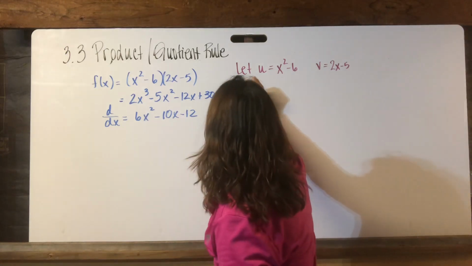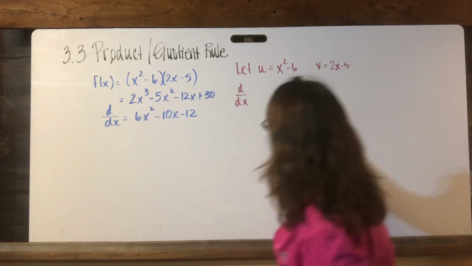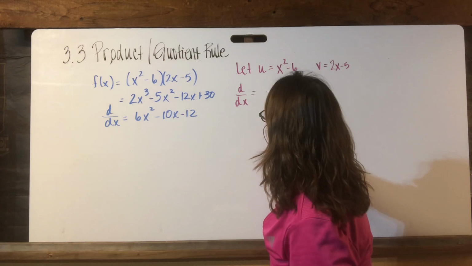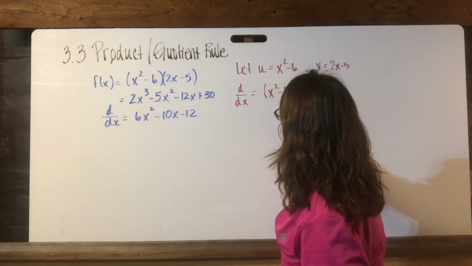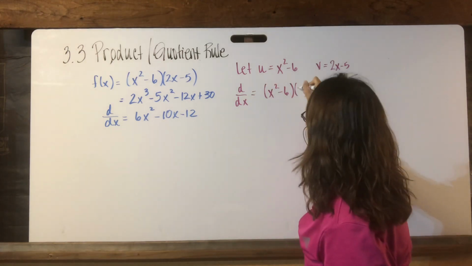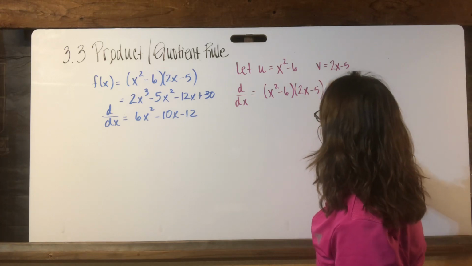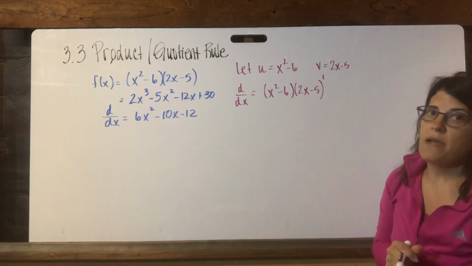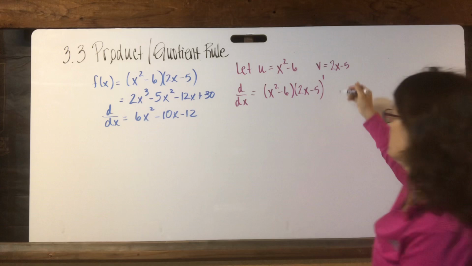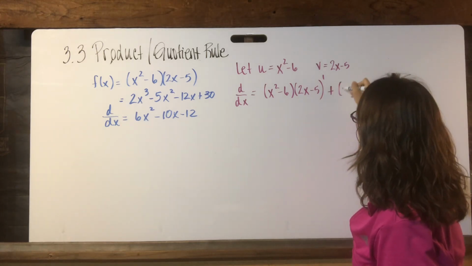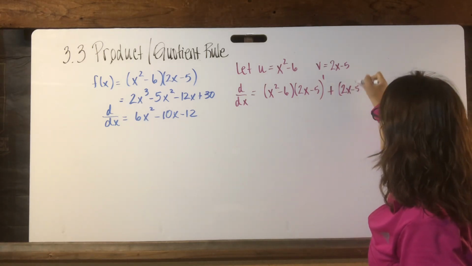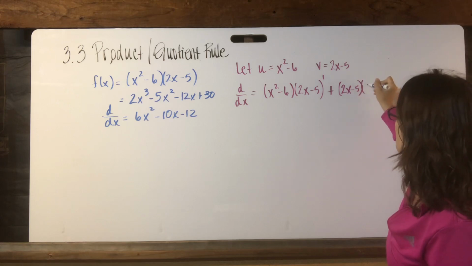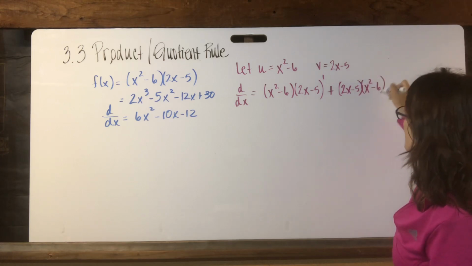So the derivative is going to be equal to x squared minus 6 times the derivative of 2x minus 5, v prime, I'm showing some steps for this problem, plus v, which is 2x minus 5, times the derivative of u.